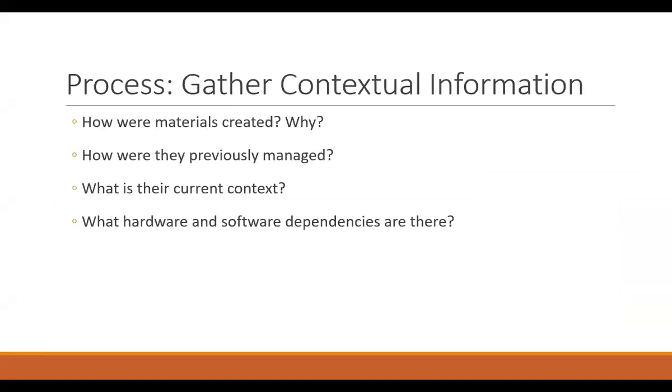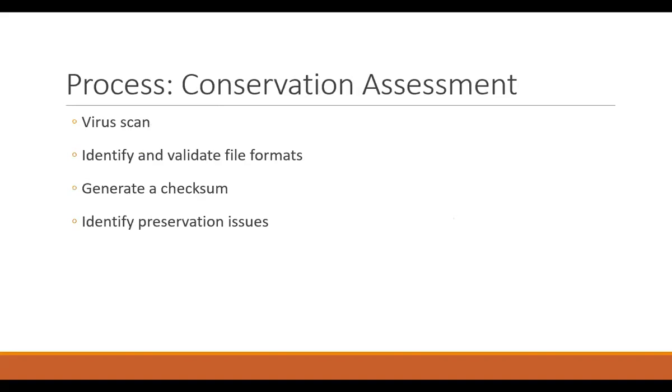So first we'll want to gather contextual information to the extent possible. So here we want to ask how the materials were created and why, how they were previously managed, what their current context is, and what hardware and software dependencies there are. Then we'll want to perform a conservation assessment.